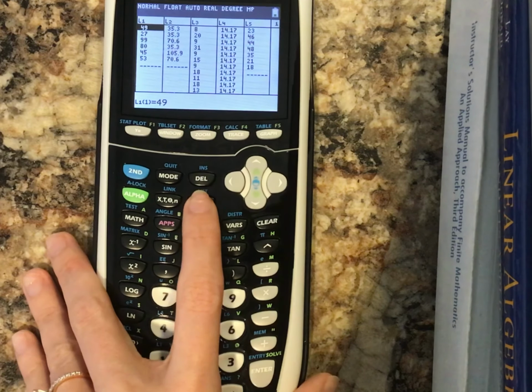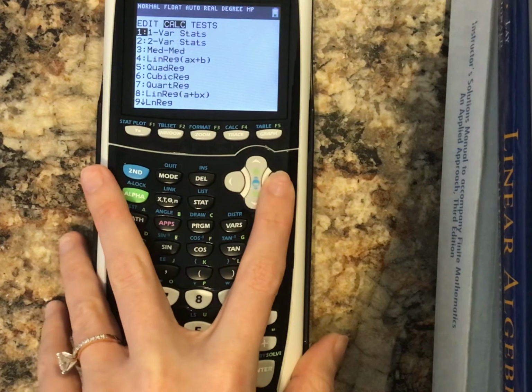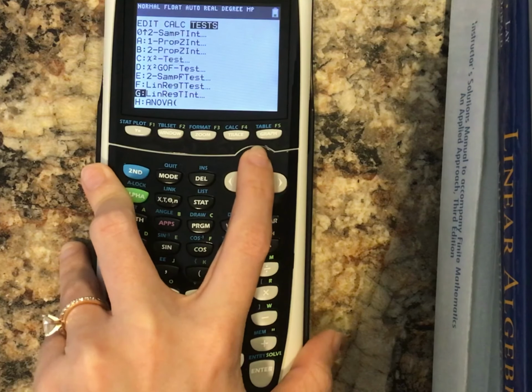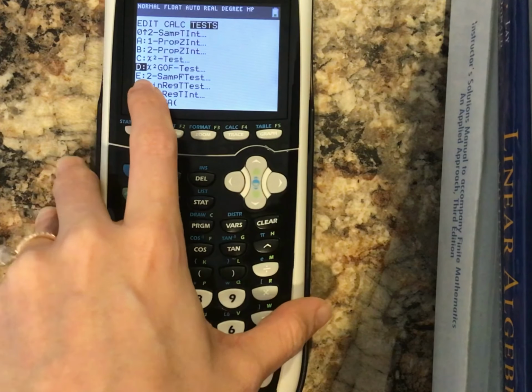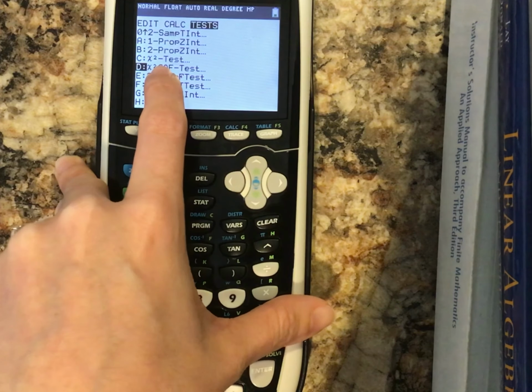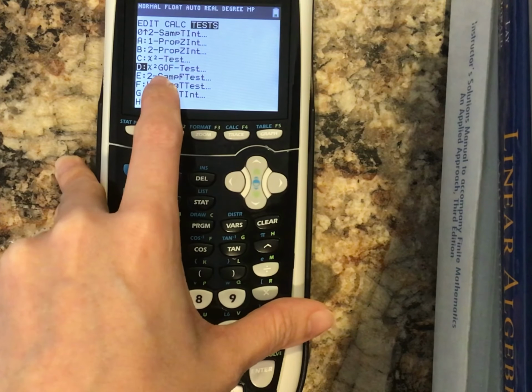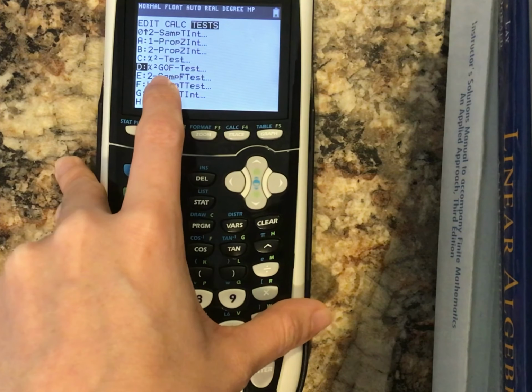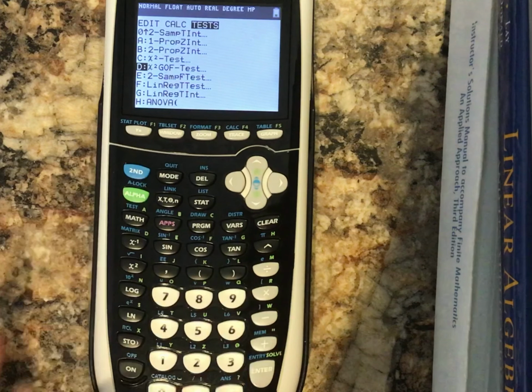What you're then going to do is go to Stat, go across to Tests, and if you go to option D, it's the chi-square goodness of fit test, not the chi-square test. The chi-square test is actually what we do in 16.3. But for this one, you want the chi-square goodness of fit test, where you are looking at the difference between an observed value list and an expected value list.